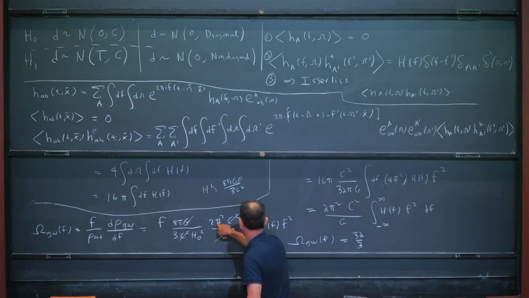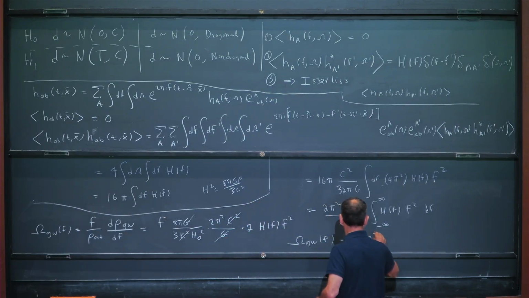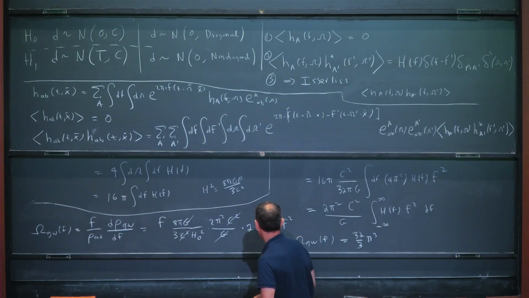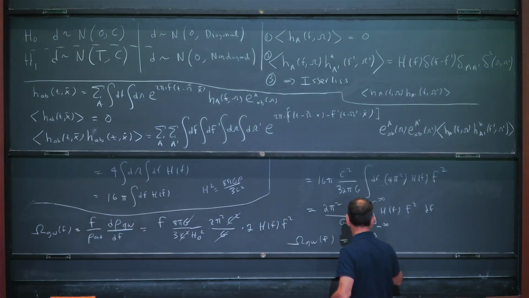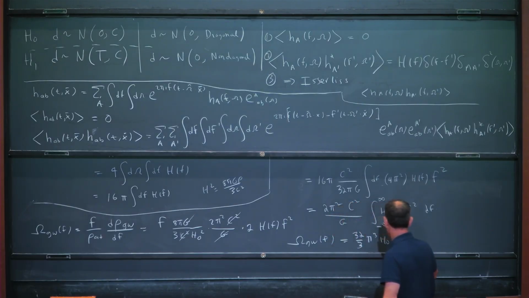We've got a pi cubed upstairs. There's an H0 squared down, so let's just say H0 to the minus 2, and then f cubed h of f squared. I'm going to glance at my notes just to see if that bears any resemblance to what I have here.